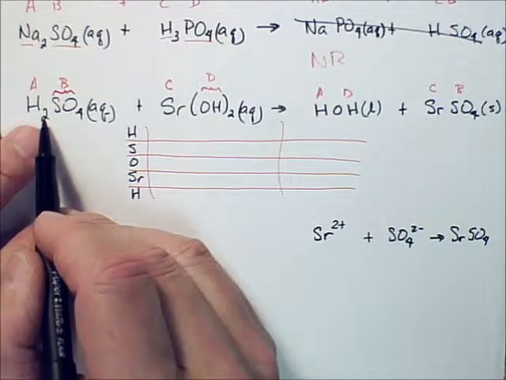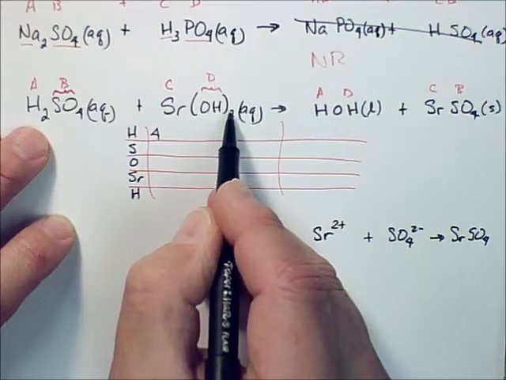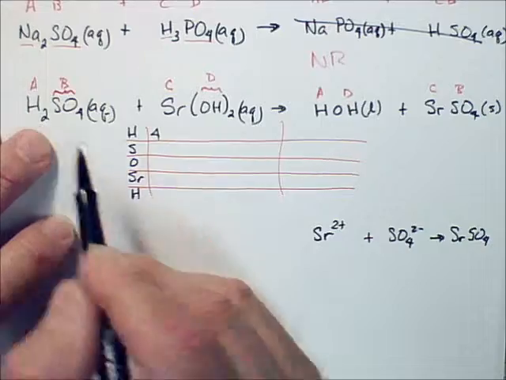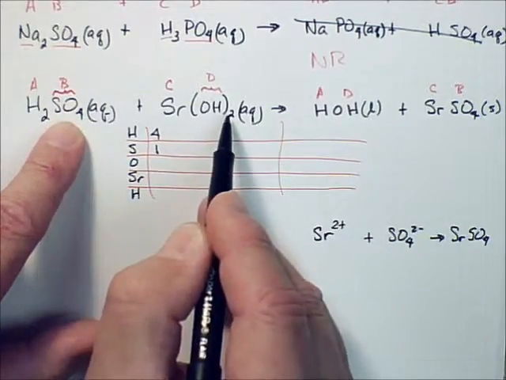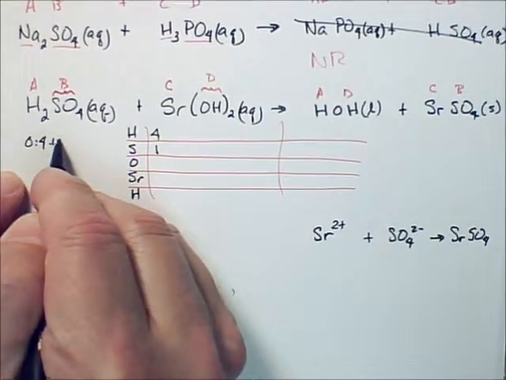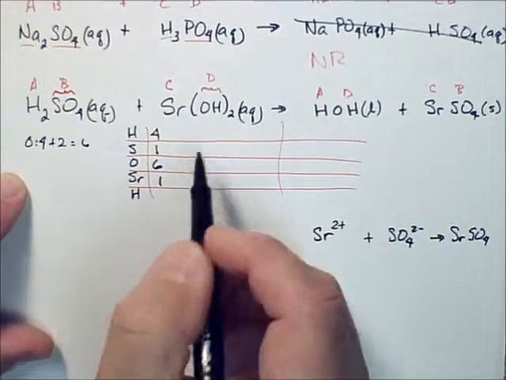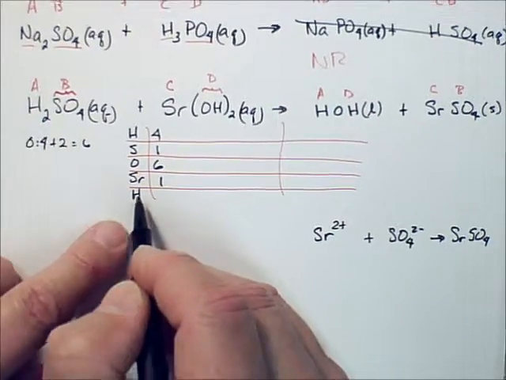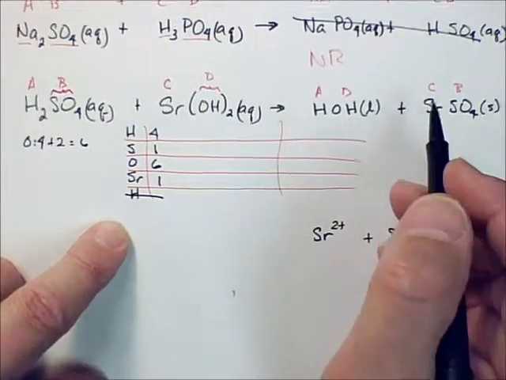We have 2 hydrogens here, plus 2 here. So we have 4 hydrogens. This 2 outside the parentheses means everything inside is multiplied by 2. That's where you get 2 here and 2 here. We have 1 sulfur. We have 4 oxygens here and 2 there. So 4 plus 2 is 6. We have 6 oxygens over here, and 1 strontium. All right, so we're ready to go over to count this side then.